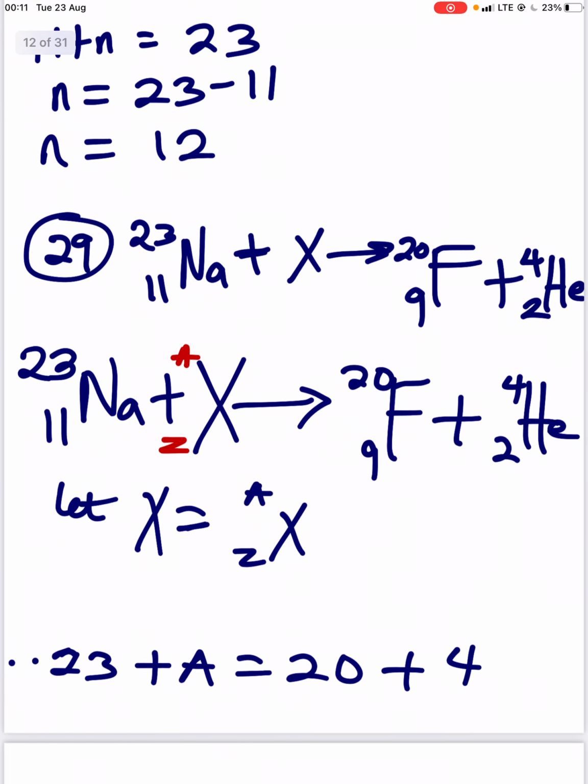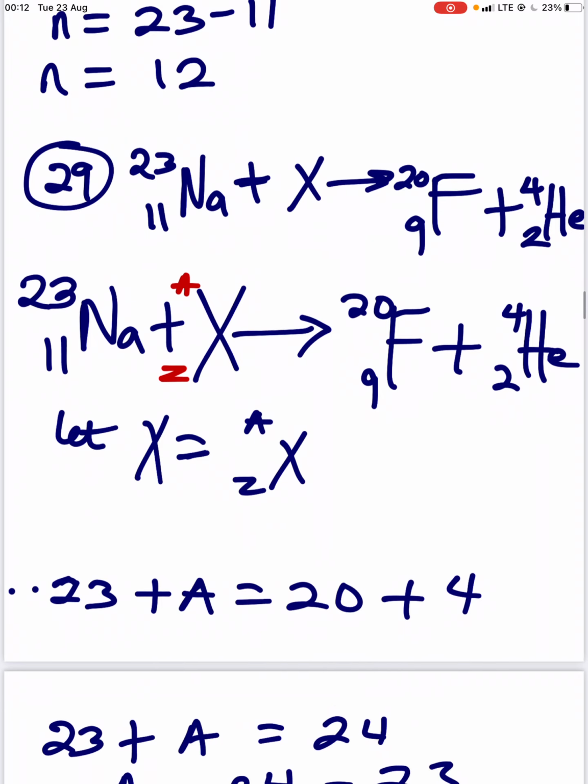In question 29, it says sodium-23-11 is bombarded with a particle X to give fluorine-20, with the release of an alpha particle. Now, 23-11 sodium plus A-Z X will give us 20-9 F plus 4-2He. Just like ordinary chemical equations, nuclear equations too must balance.